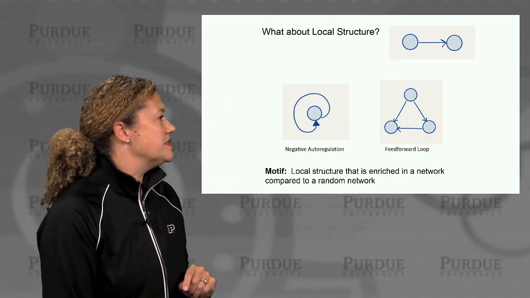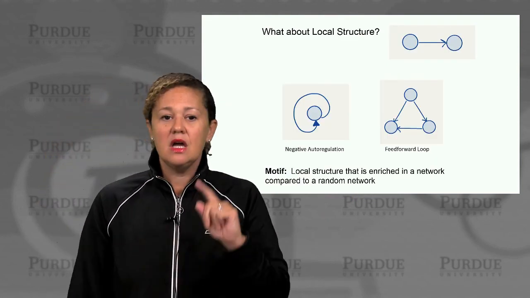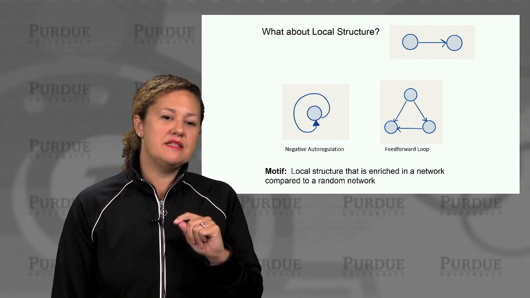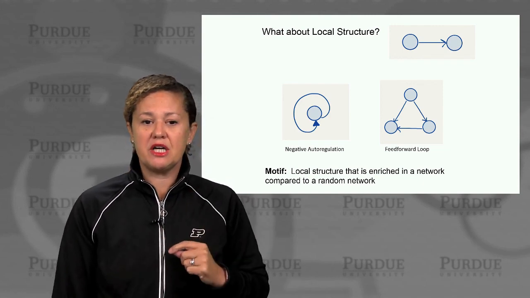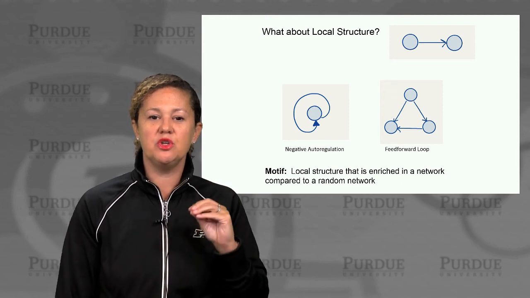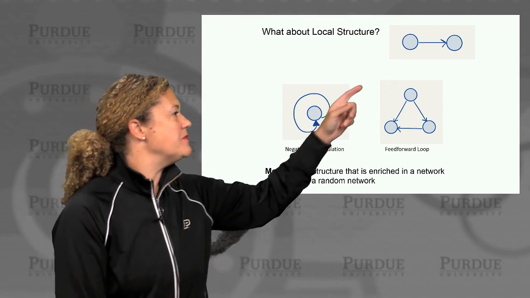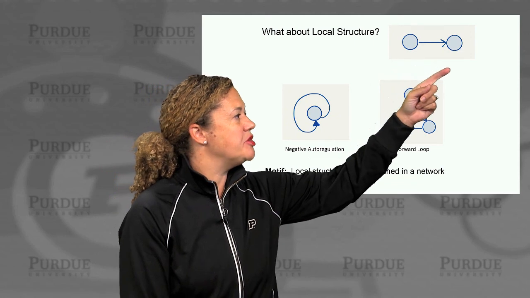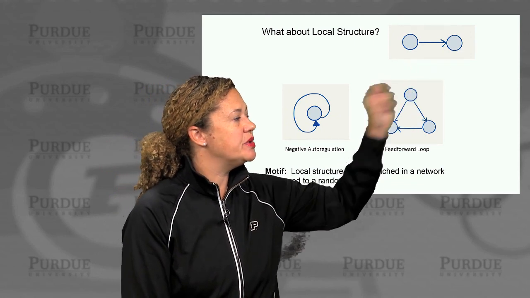Let's also now take a step and think about local structure. So now we're zooming in to individual nodes, right? We've been talking about just simple connections of one node to another.